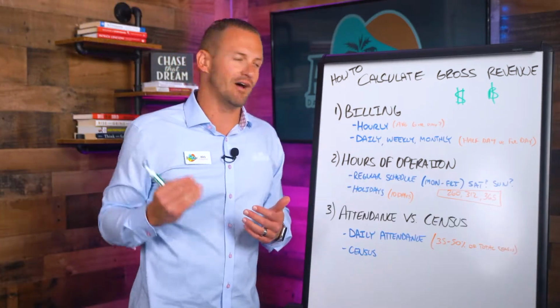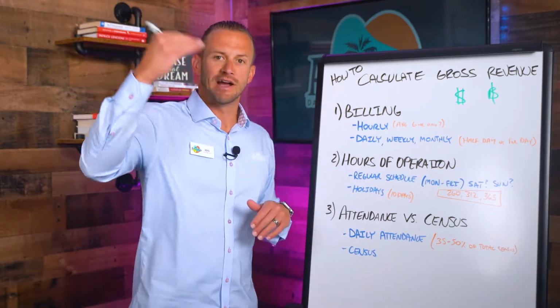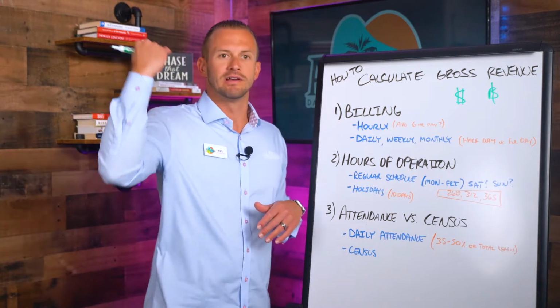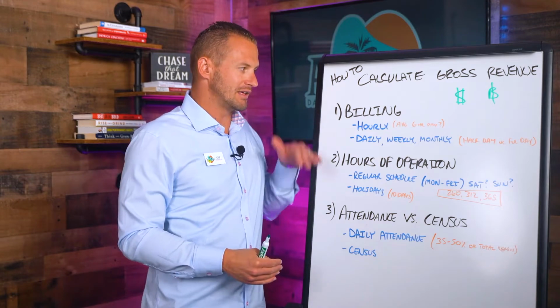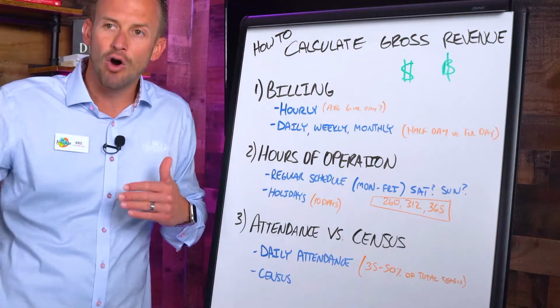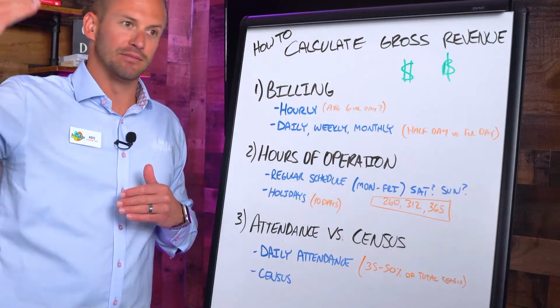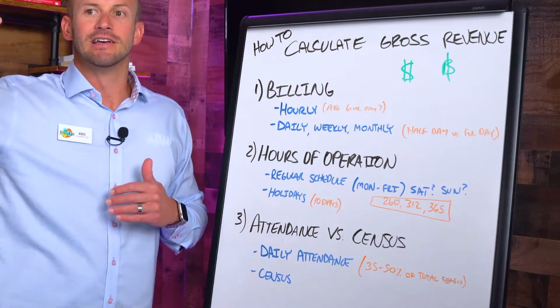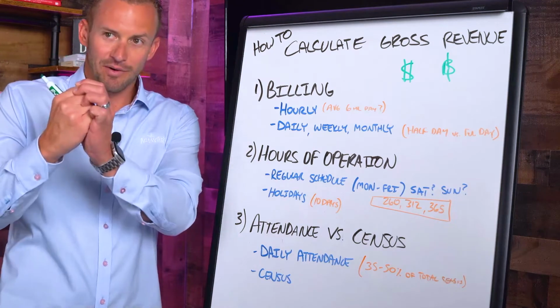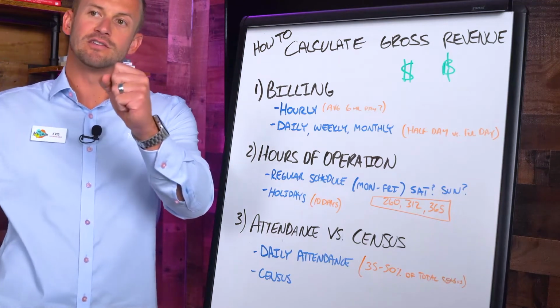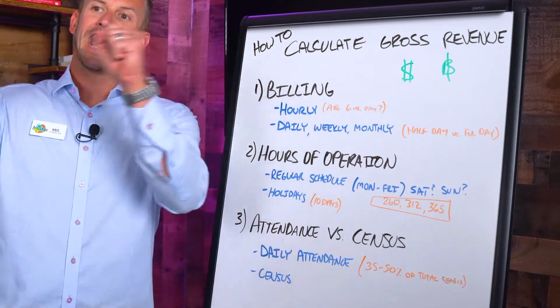You just write this stuff out. So for hourly, okay, 6 hours on average, $15 an hour, $18 an hour, $20 an hour, whatever you're gonna charge. Each person's gonna come 6 hours a day. Now you know that 6 hours times $15 is what one person might spend in a day. So you could now take that number and use your census or your attendance, which we'll get into later, as how to come up with it.